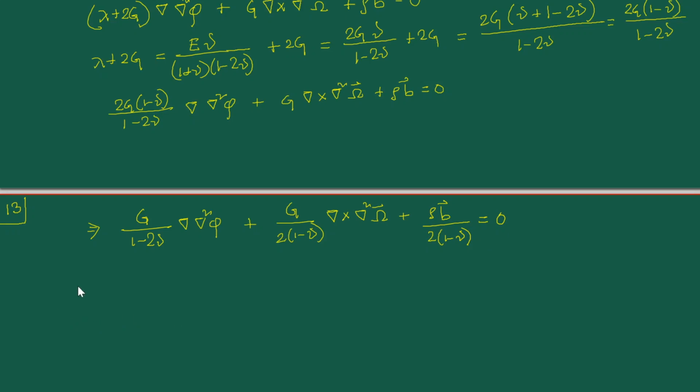Here this can be put in a nicer form by noting that we have a Laplacian operator here and also here. This Laplacian operator can be taken out of the curl, and this one can be taken out of the gradient. These identities can be formally proven: the gradient of the Laplacian of something is equivalent to the Laplacian of the gradient of that very thing.